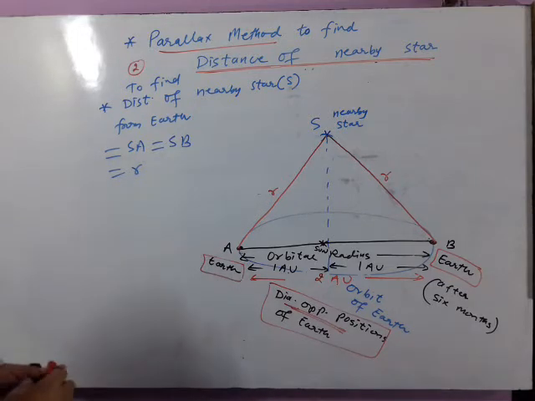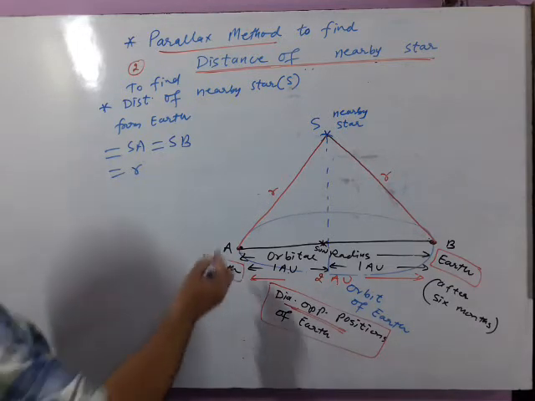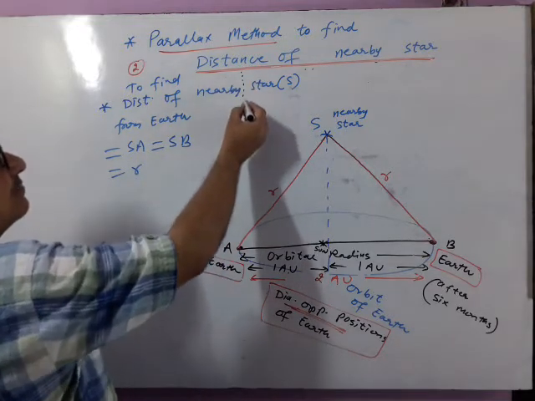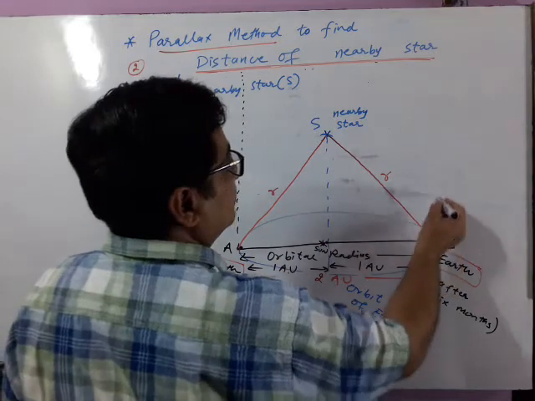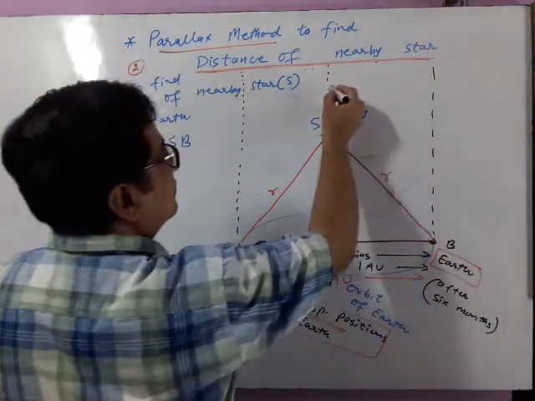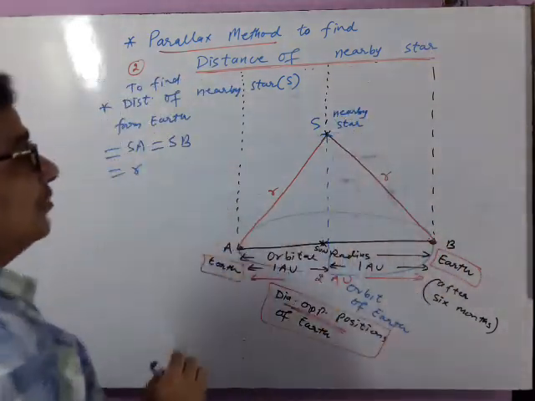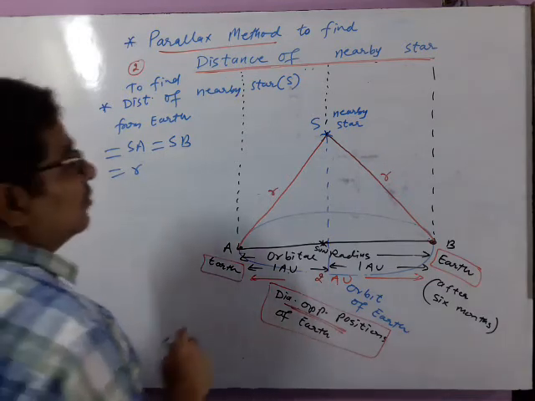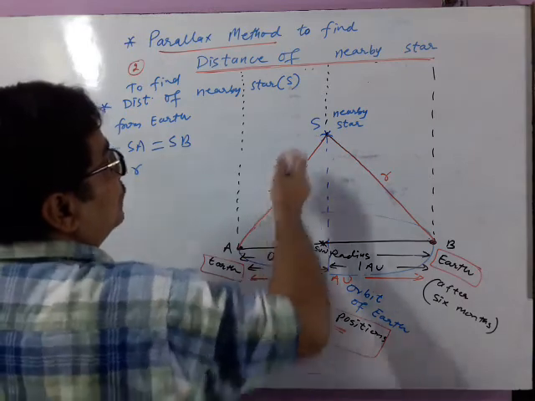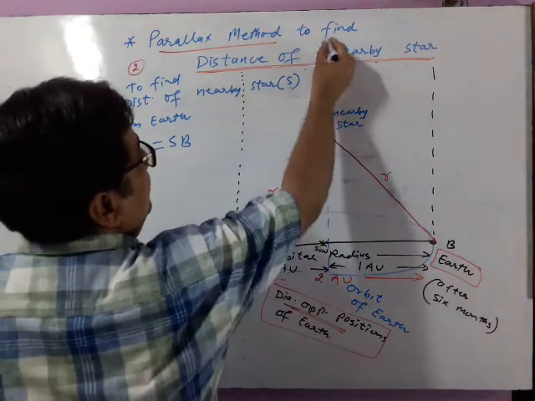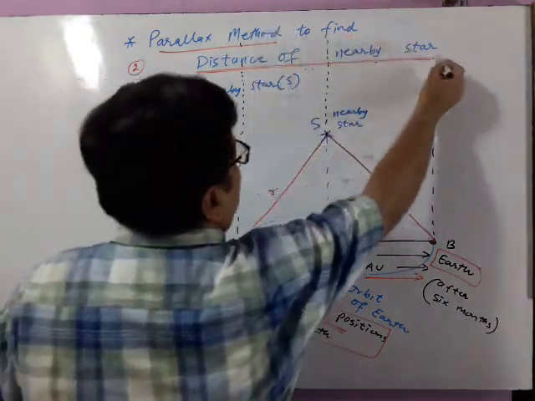Now we consider a vertical line. See, this is the vertical line. You can call it a vertical line, or you may call it some distant star, a very, very far away and very, very big star.